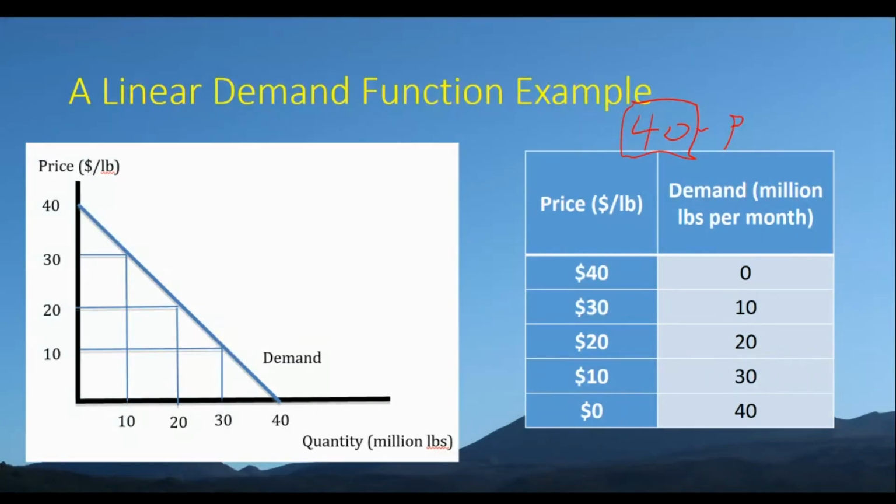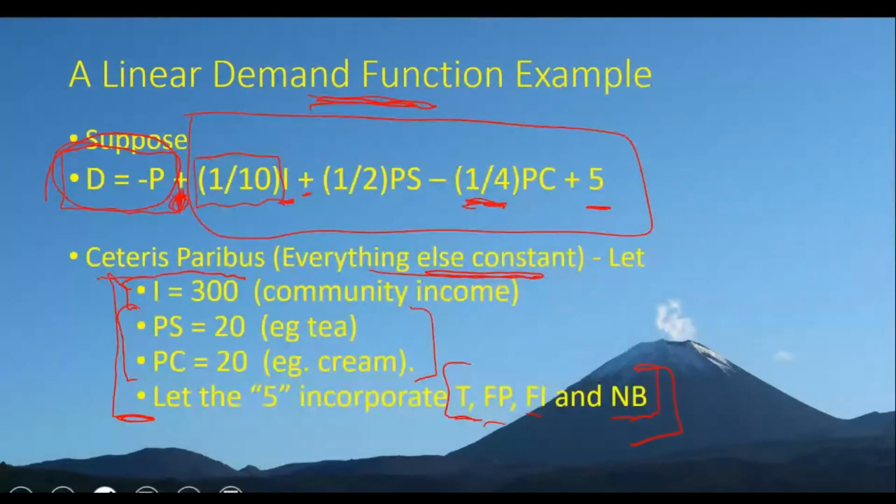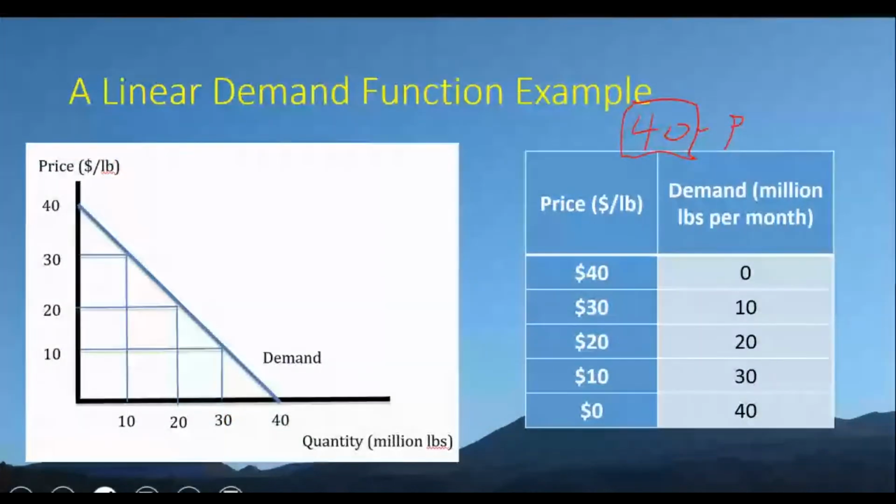So in this function, there are some invisible variables. These are the ones that were specified previously. What we want to do is go through and change one of those invisible variables and see how that changes our representation of the demand curve on the diagram here. All right, so let's go ahead and do that.